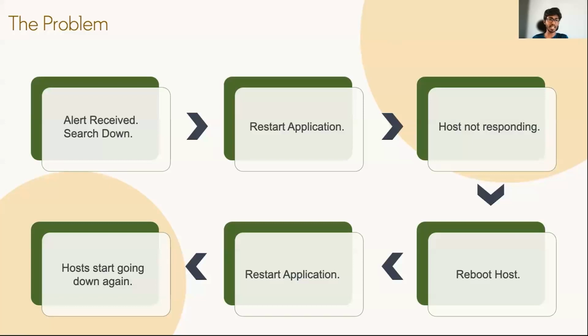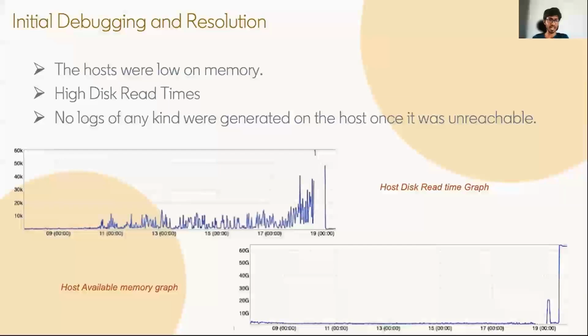So while somebody takes care of ensuring that the hosts are consistently being restarted and the application is up, others start debugging. And this is what we figure out. The hosts were low on memory, as shown in the host available memory graph. They have high disk read times.